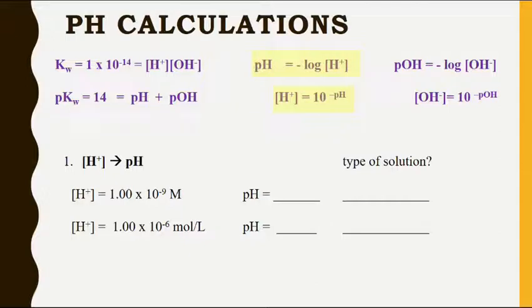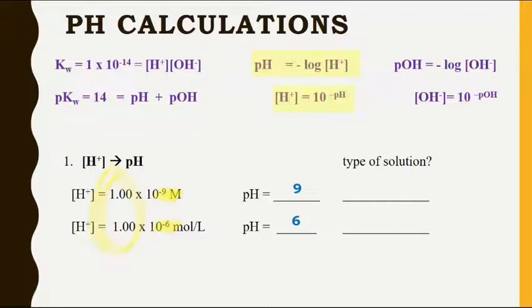So if I know that's my H plus concentration, and I have a whole number up there in that exponent waiting for me, then our pH is going to be that exponent. So I know the pH of the next one is 6. And all that I have to do is look at the itty bitty little exponent up there. As long as that first number is 1, that is my pH value.